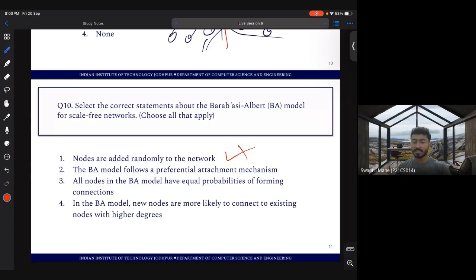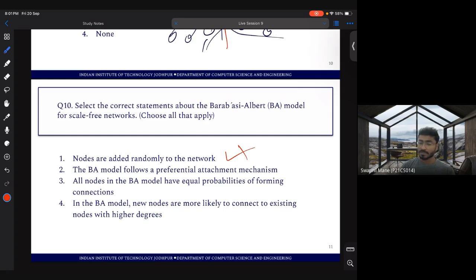It follows the rich-get-richer phenomenon, right? That means when a new node is added, it connects to existing nodes by preferential attachment. Preferential attachment means the new node is more likely to connect to a node which has a higher degree, instead of connecting randomly to any node. So this statement is not true about the Barabasi-Albert model.